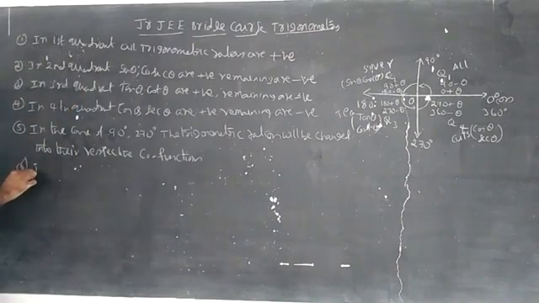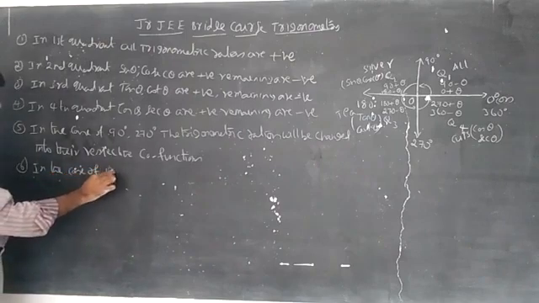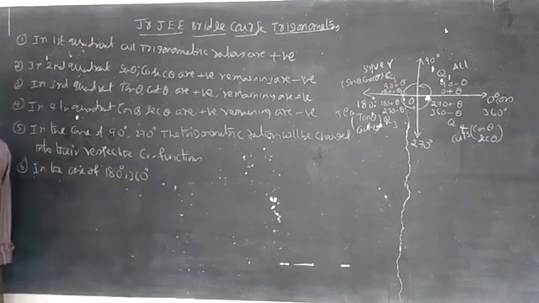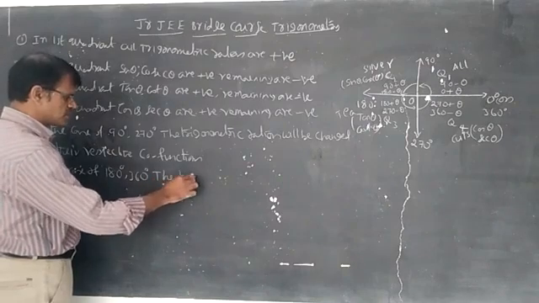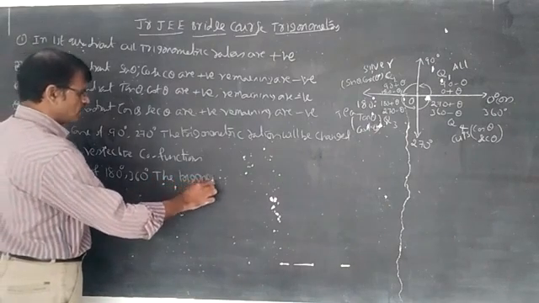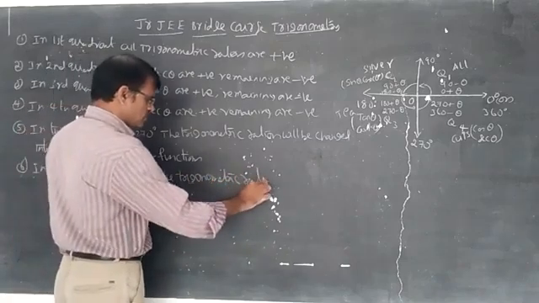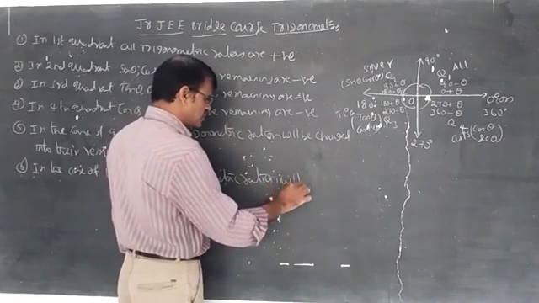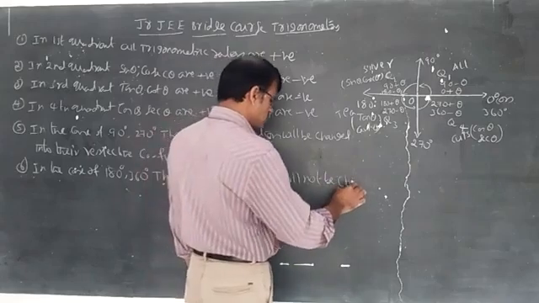Sixth formula, in the case of 180 degrees, 360 degrees, the trigonometric ratios will not be changed. So there is no question of changing.